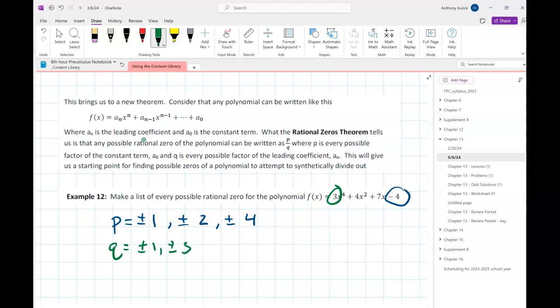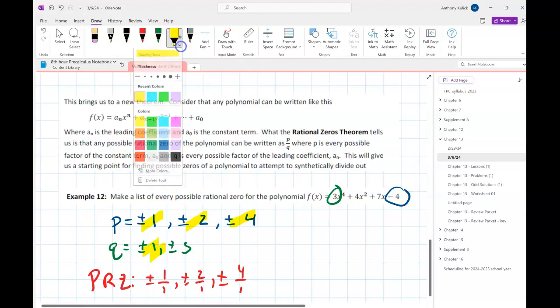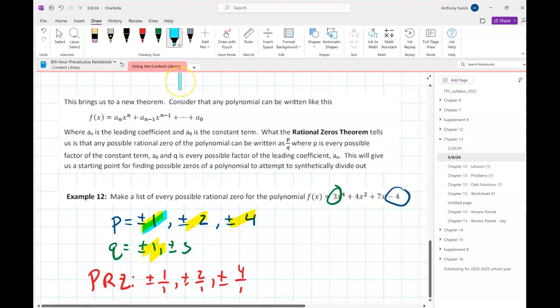Okay. So my list of possible rational zeros is going to be 1 over 1, 2 over 1, 4 over 1, and then 1 over 3, 2 over 3, and 4 over 3.